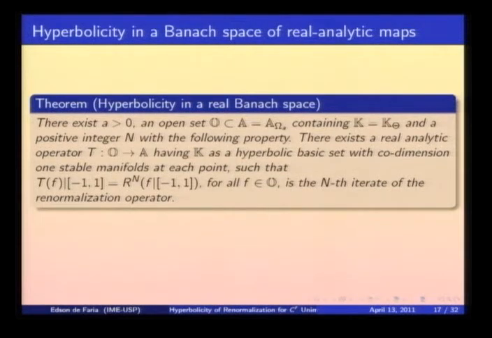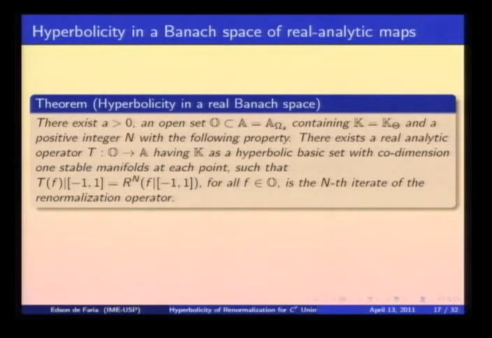Okay, so there exists a neighborhood of omega sub A, an open subset of this Banach space A omega sub A, containing the attractor, and a positive integer n, which is just the power of the renormalization operator, with the following property.